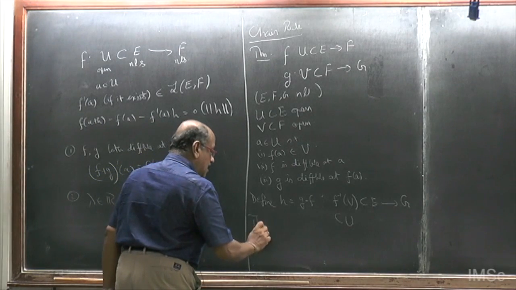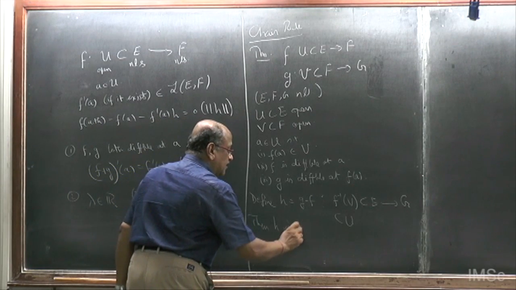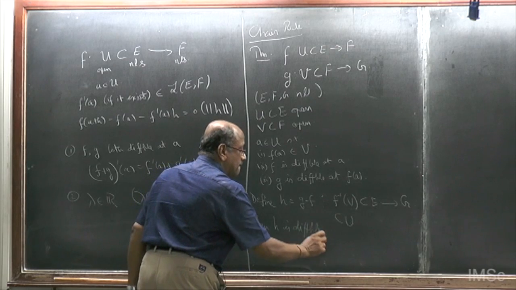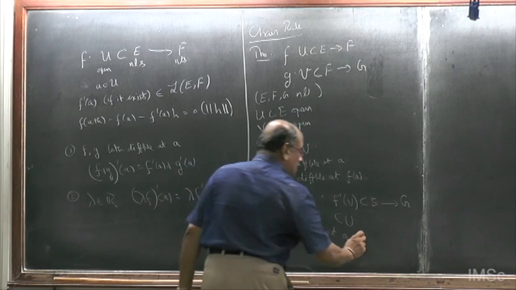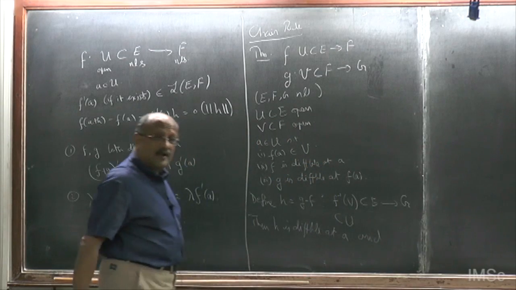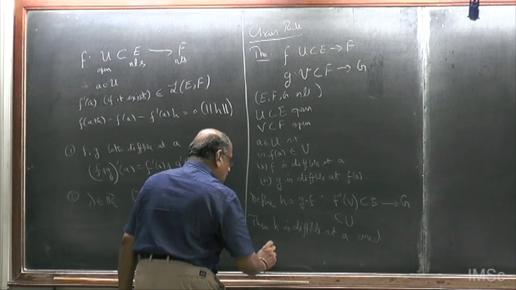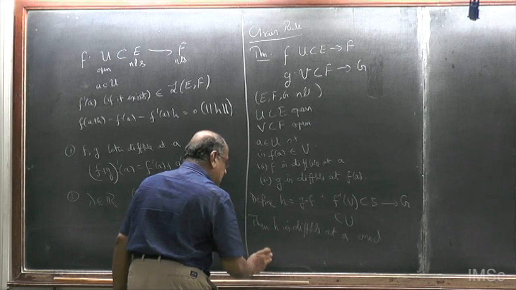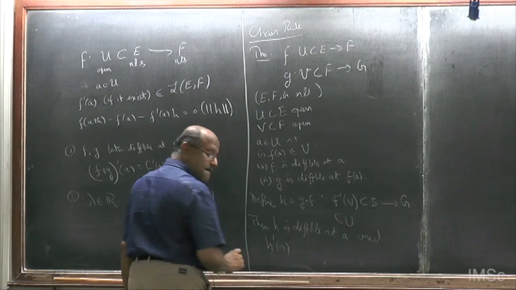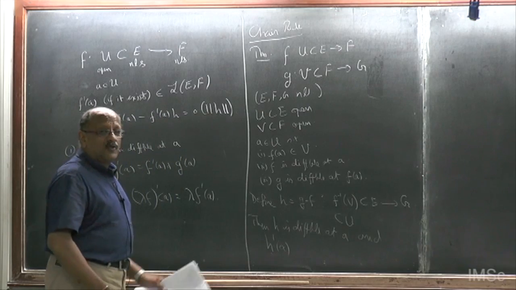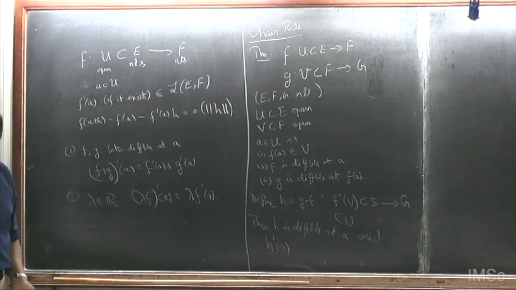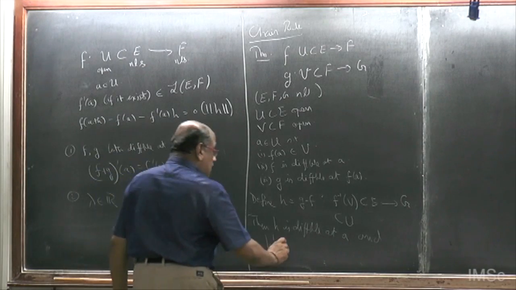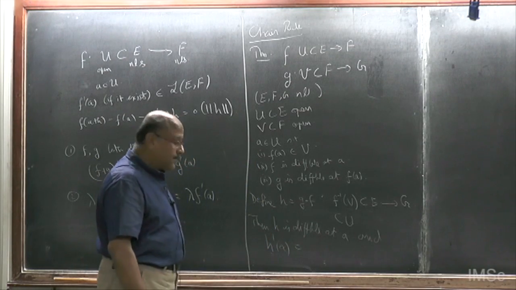Then h is differentiable at A, and what is the formula for the derivative? So h'(A) must be a linear map from E to G, and I am going to give it as a composition of two linear maps.